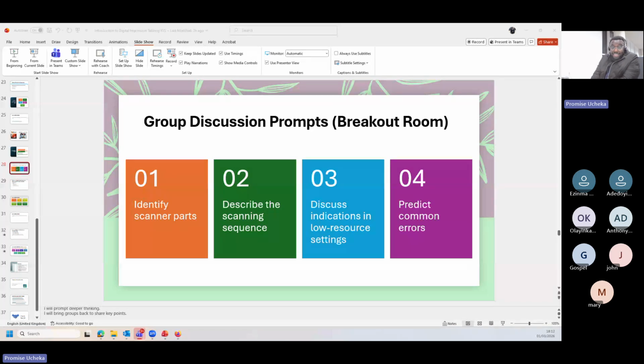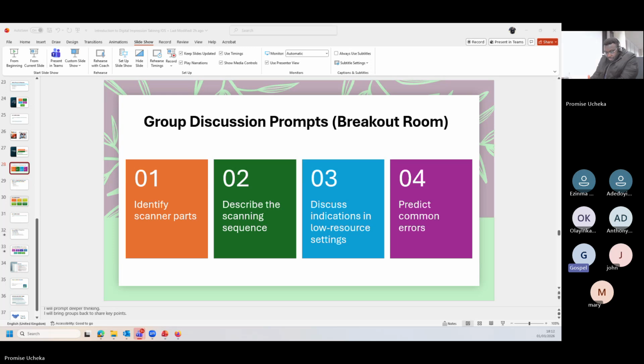And by the way, anybody else can come in, maybe from room 1 or room 2. Indication for low resource use. Think about your own clinic.